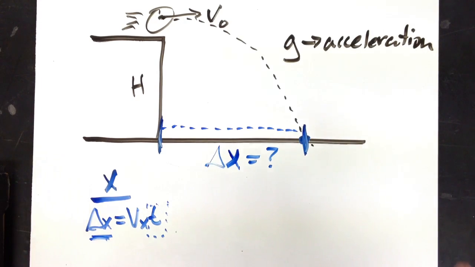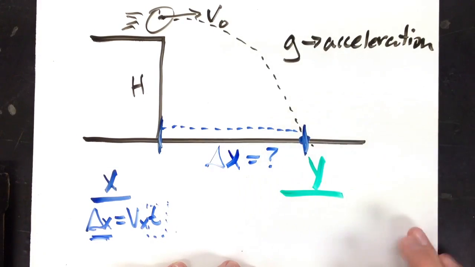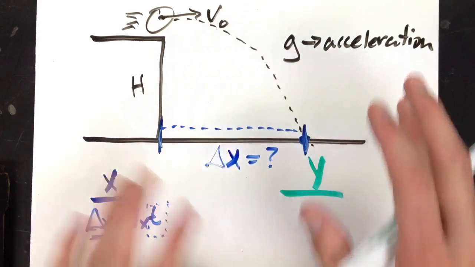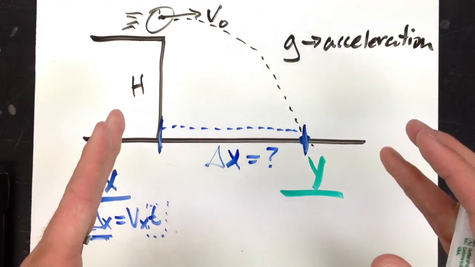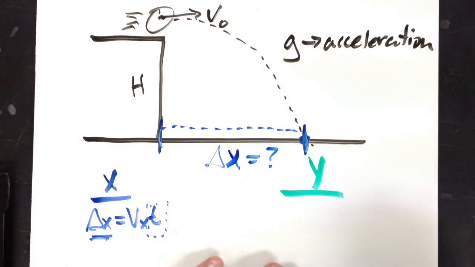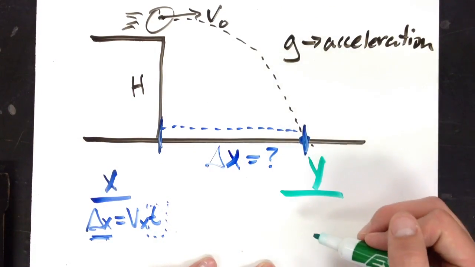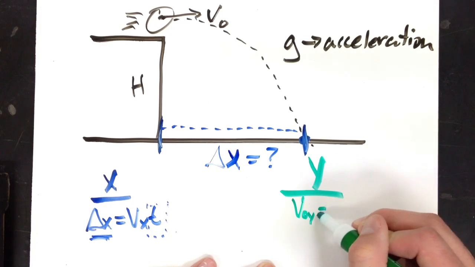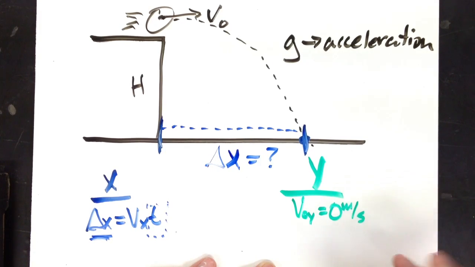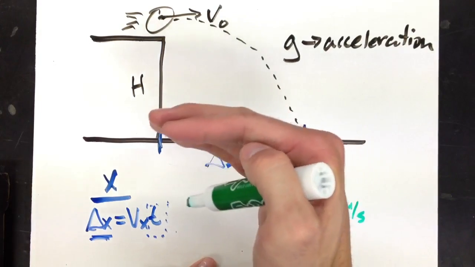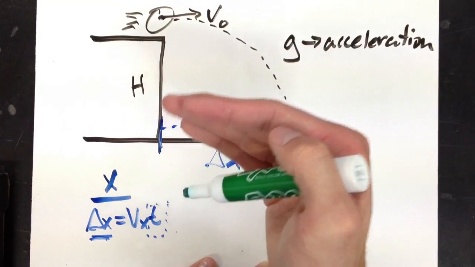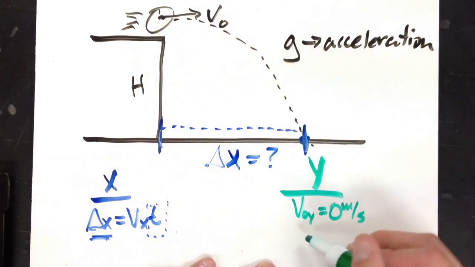Now, we can get time by looking at the y dimension and looking at the variables we have and solving for that. So if this leaves as a horizontal projectile, write down everything that you know. You know v naught y is 0. Now, you know that your delta y is negative h.